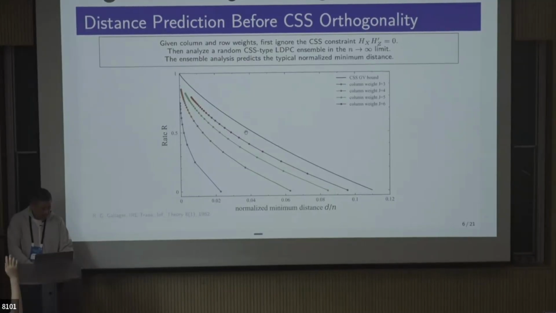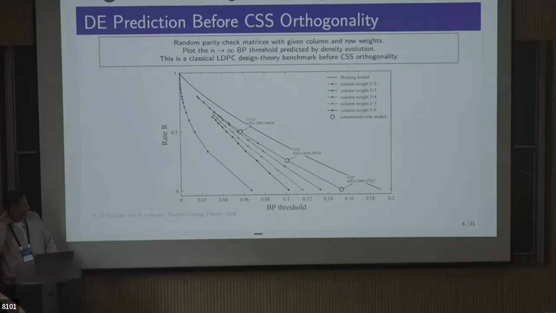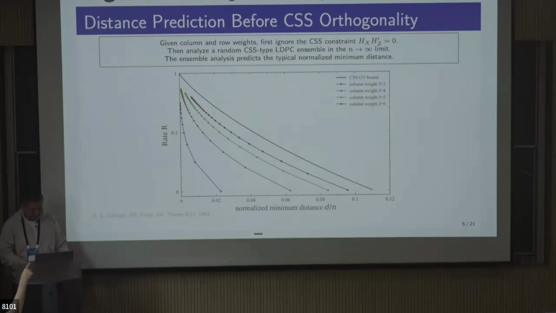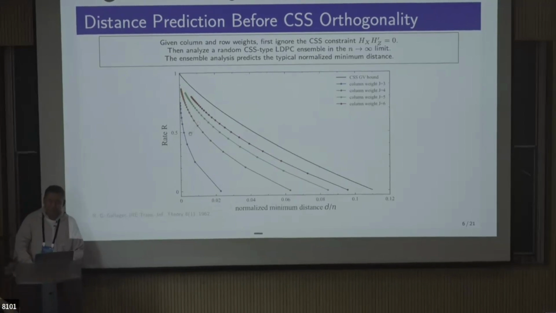Before imposing, can we go to the previous slide? Here, I think what you're saying is that from the BP threshold perspective, larger column weight makes the BP threshold worse, while in the distance case, larger column weight is getting better. Yes. But the BP threshold is a threshold.